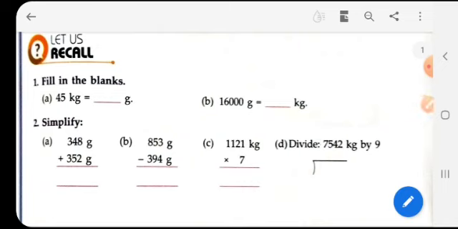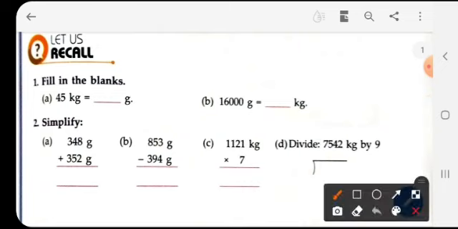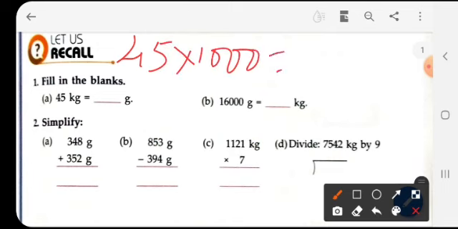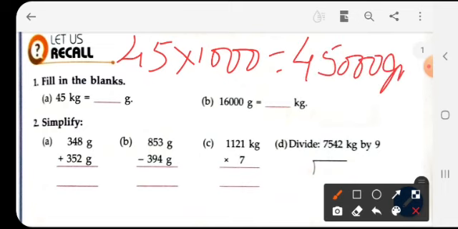Fill in the blanks. Now 45 kg means we will have to multiply 45 with 1000 and we get 45,000 grams. So this is the answer over here. Similarly, in the case of 16,000 grams, it is 16 kilograms.